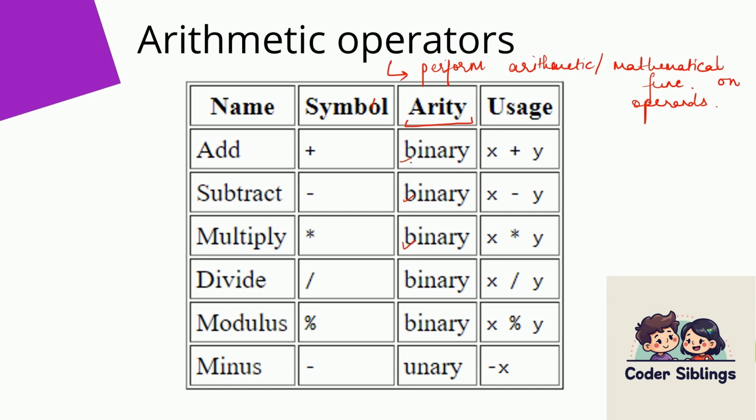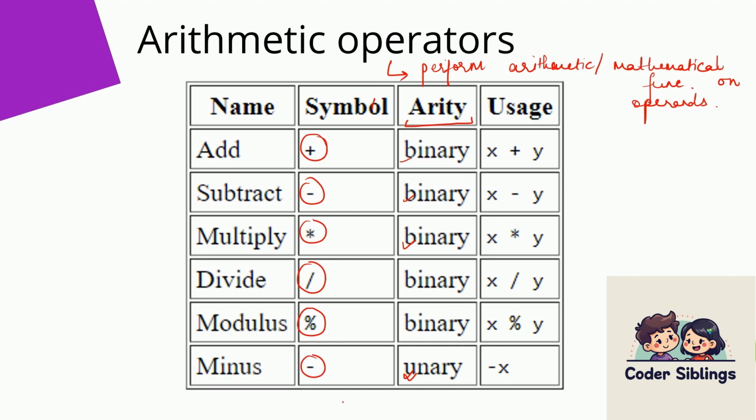Now they are add, the symbol is the plus sign, subtract, minus sign, multiply, star, divide, slash sign, modulo, percentage sign. Minus is also unary.